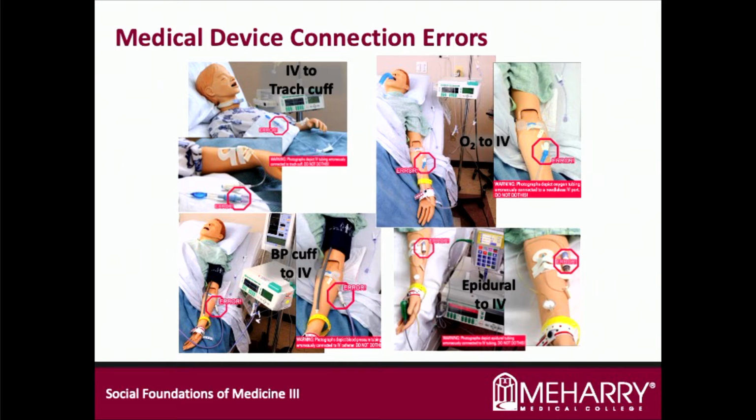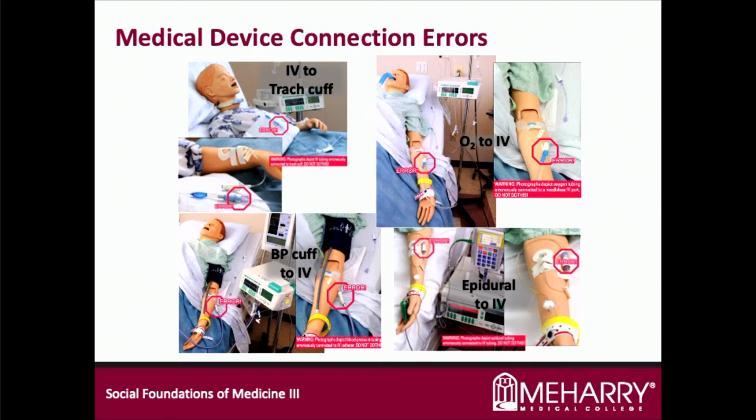This makes the point that when I say you could connect a blood pressure cuff to IV tubing with that connector, you would think, well, yeah, you could, but that's never going to happen. Unfortunately, every one of these, and this was just 4 that I pulled off, there were plenty of others, has a story behind it where someone picked up a tube and connected it to something it wasn't supposed to be connected to.